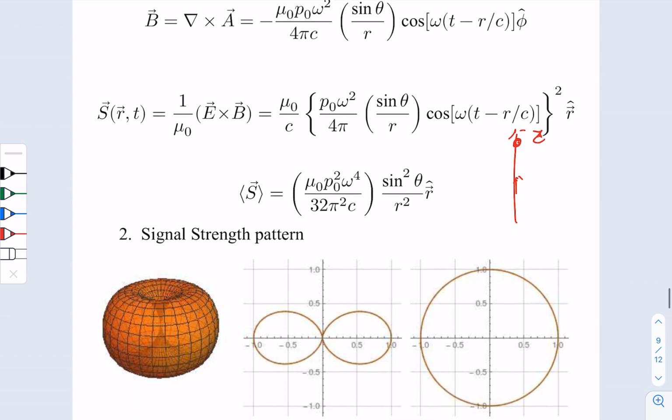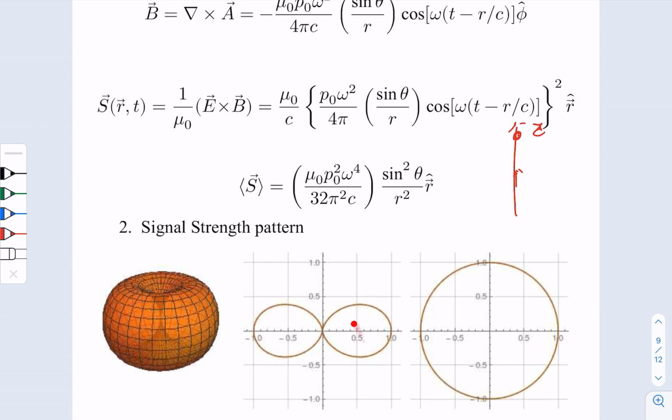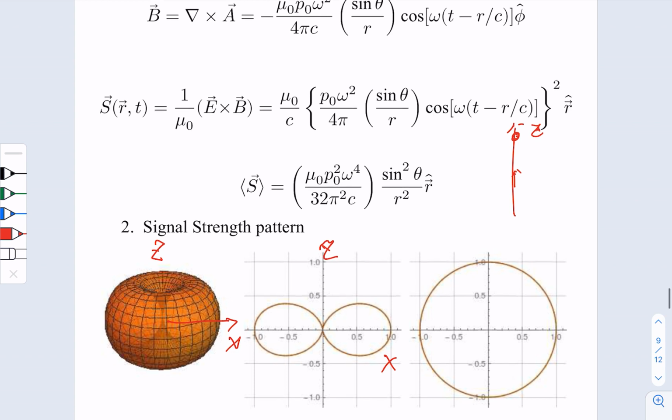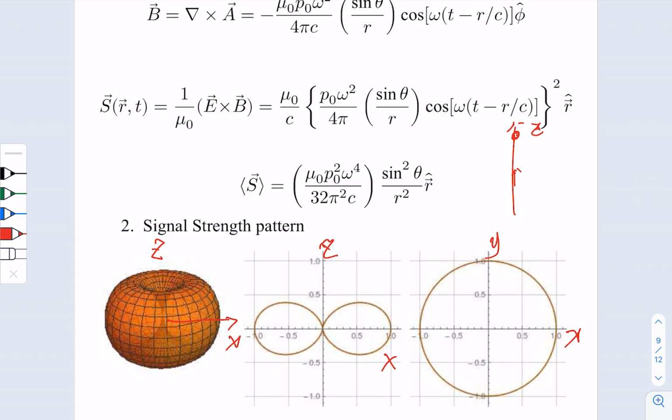So here on this graph, I'm simply trying to plot a cut. Say this is the z axis, and this is the x-axis. So this is simply the axis over x and z. And on the right, I'm plotting the axes x and y.